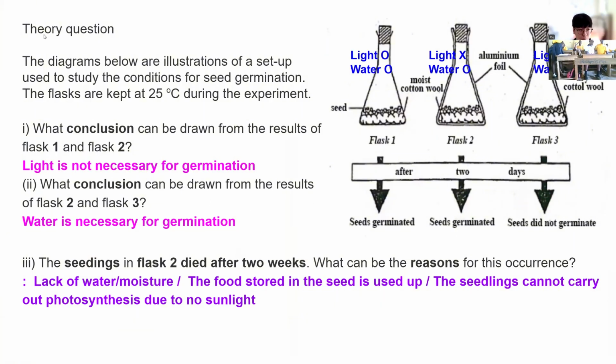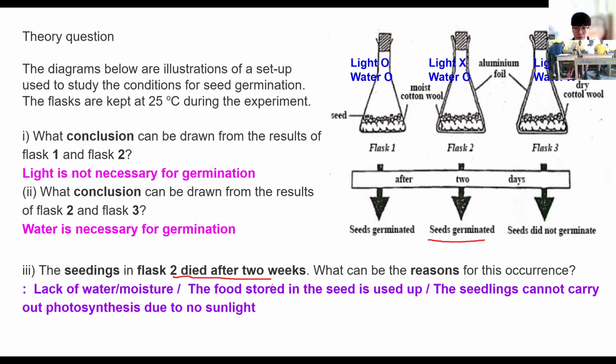But when the seed needs further growth, we need light for plants to grow and survive for a long time, because light is important for photosynthesis, where plants produce their own energy. But plants cannot do that without sunlight, so they die after 2 weeks or die early. So you only need water for germination.